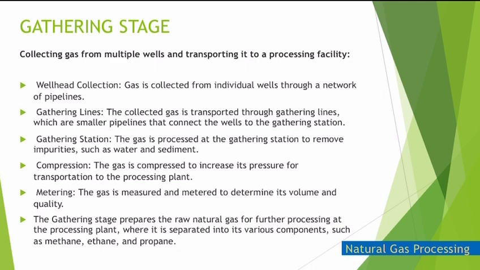The metering stage, the gas is measured and metered to determine its volume and quality. Then the gathering stage prepares the raw natural gas for further processing at the processing plant, where it is separated into its various components such as methane, ethane, and propane.